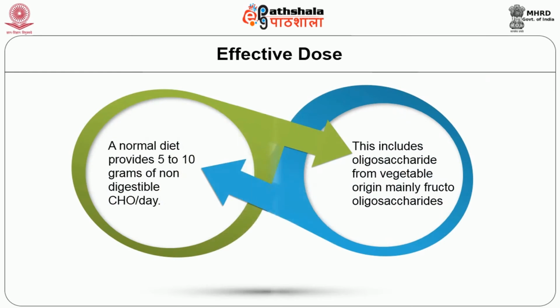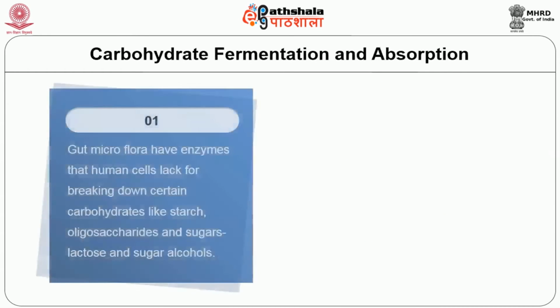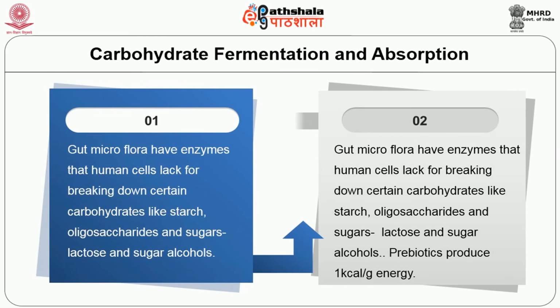What is the effective dose of prebiotics? A normal diet provides 5 to 10 grams of non-digestible carbohydrate every day. This includes oligosaccharides from vegetable origin, mainly fructo-oligosaccharides. The carbohydrate fermentation absorption. Gut microflora have enzymes that human cells lack for breaking down certain carbohydrates like starch, oligosaccharides and sugars, especially lactose and sugar alcohols.